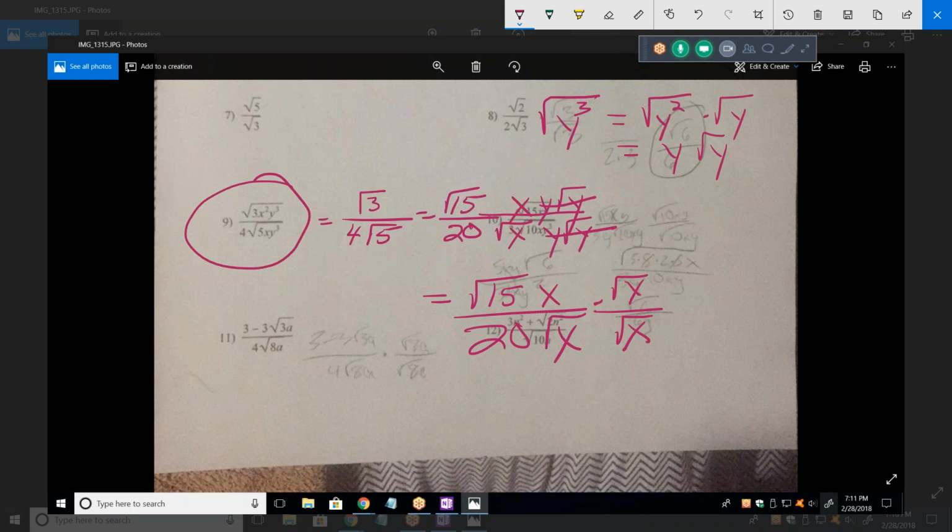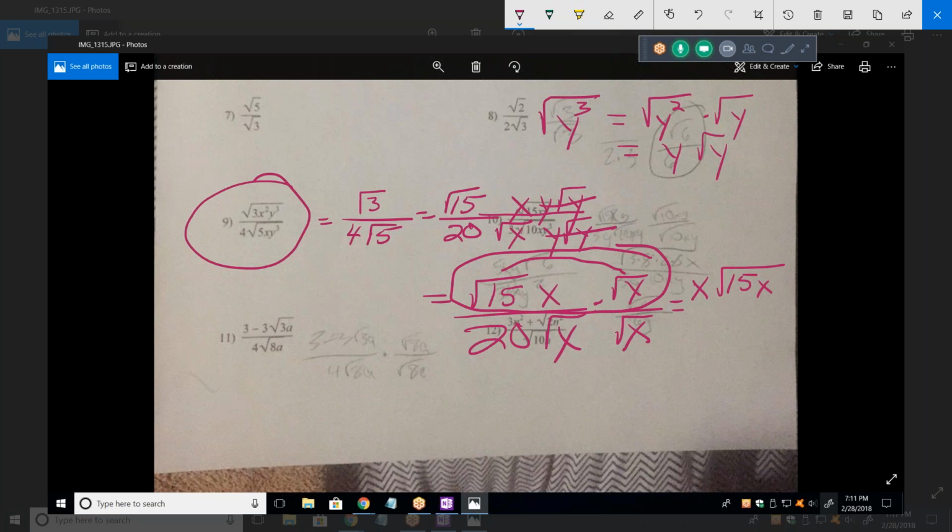What does that give you? And on the top, what is all of that equal to? Square root of. You can combine these two because they're both square roots. I have an x out front, so it's the square root of 15x. That's the numerator.